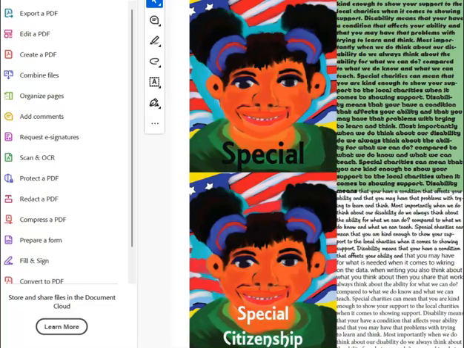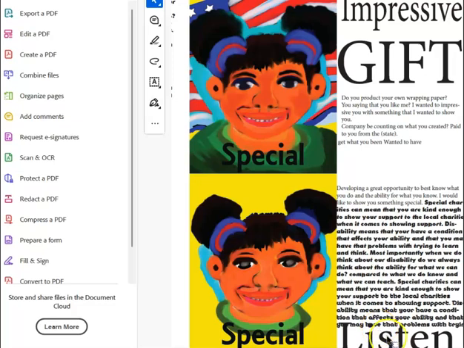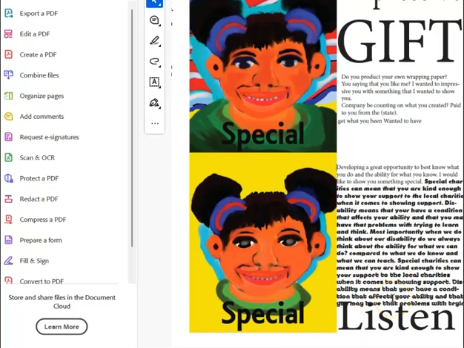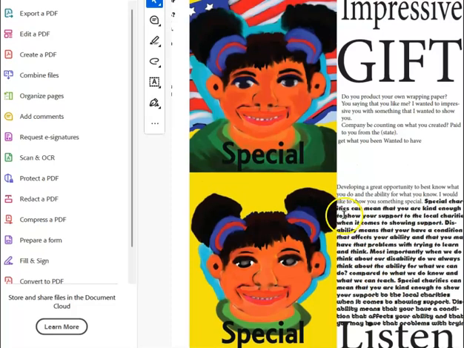So this is what the project looks like, just 2 pages, but people might even say, why does it look like there's 8 pages presented right there?